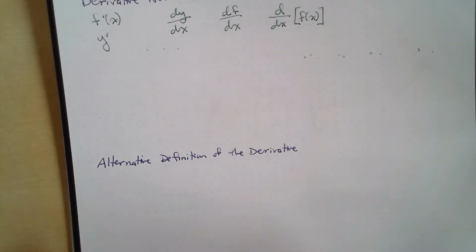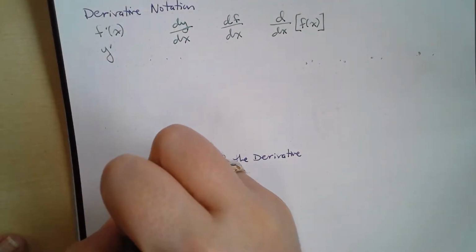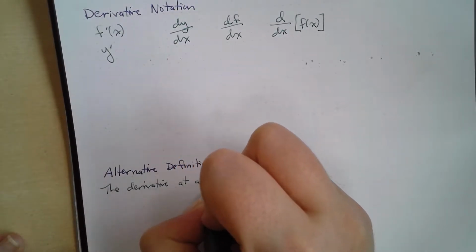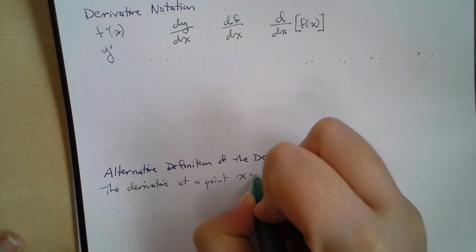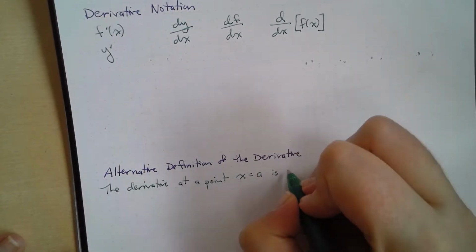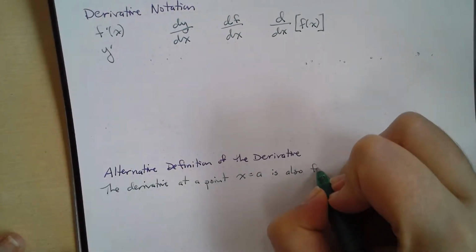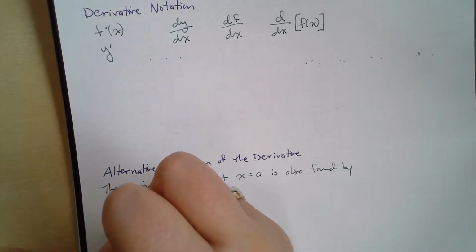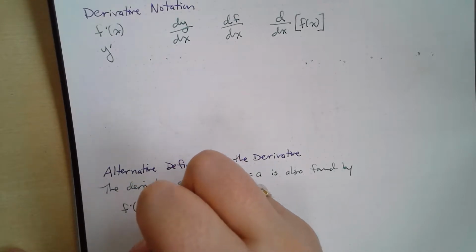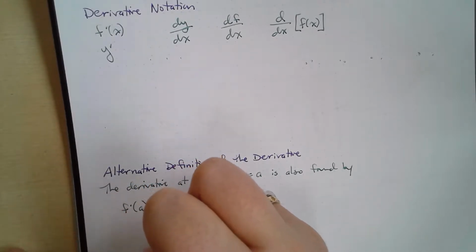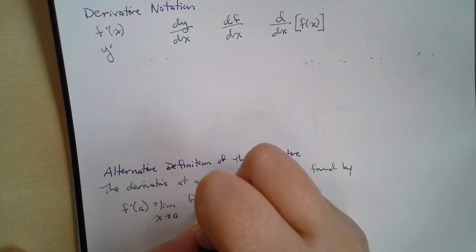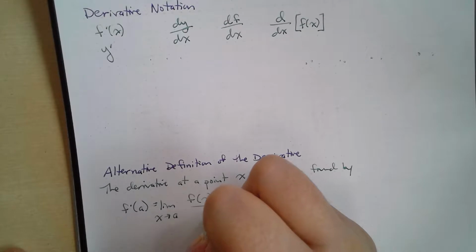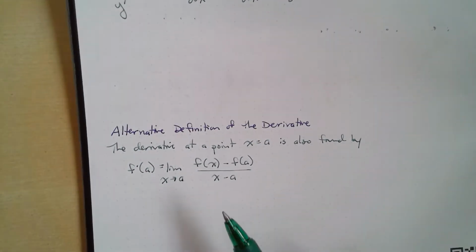The derivative at a point x equals a is also found by f prime of a is equal to the limit as x approaches a of f of x minus f of a over x minus a. And that should look pretty familiar to you, right?